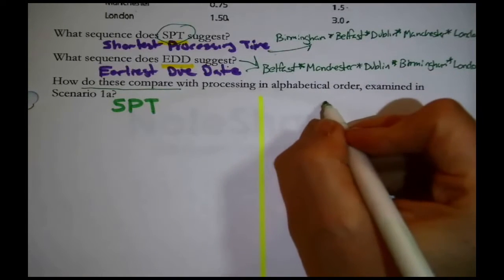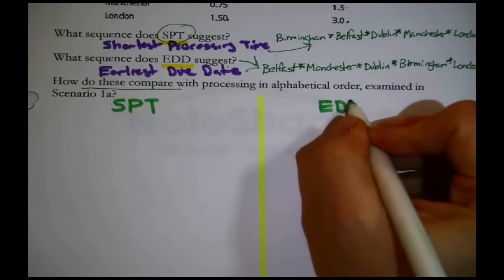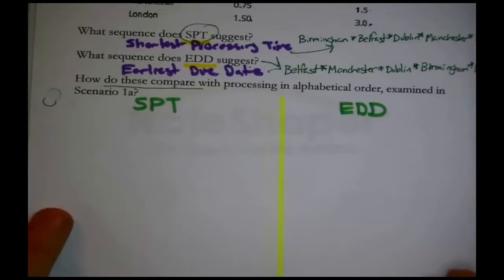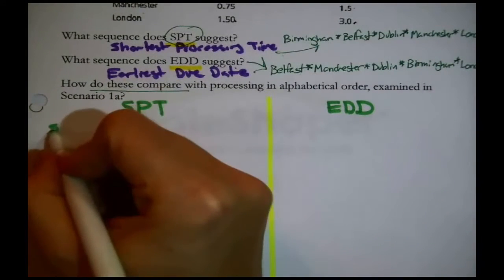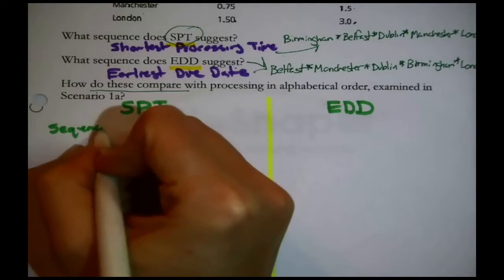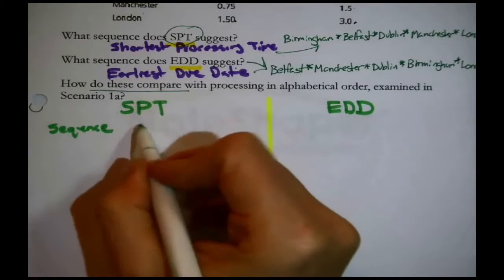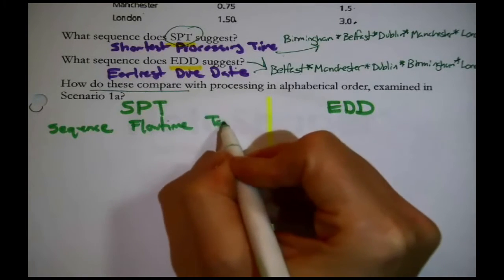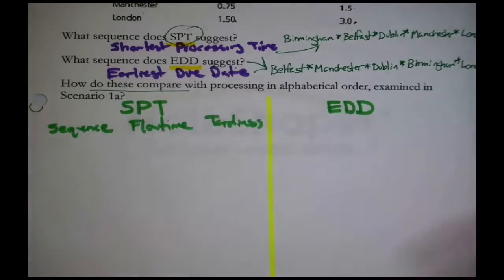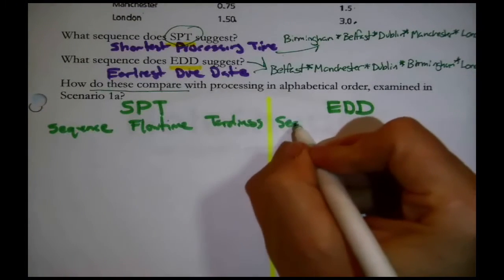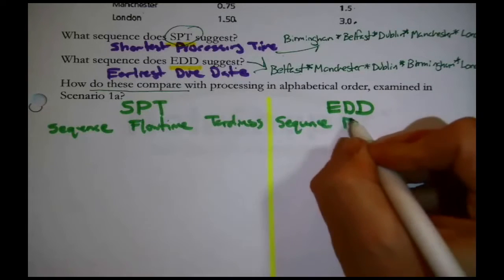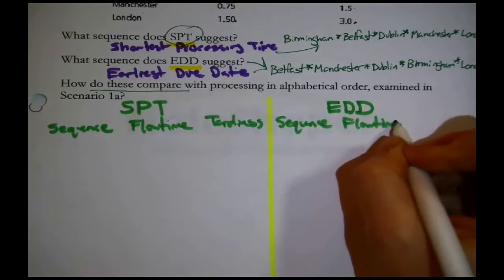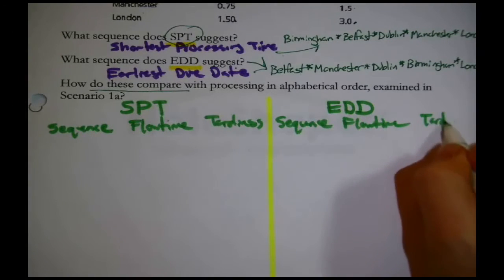The other one is earliest due date. In each case, I've got the sequence that I need to assess. I'm going to look at flow time, and I'm going to look at tardiness. So I could go ahead and create those headers now. Sequence, flow time, tardiness.